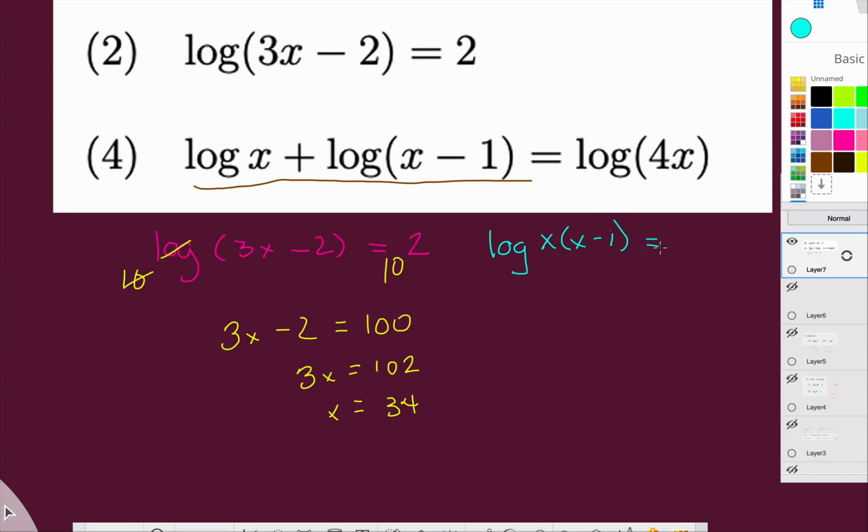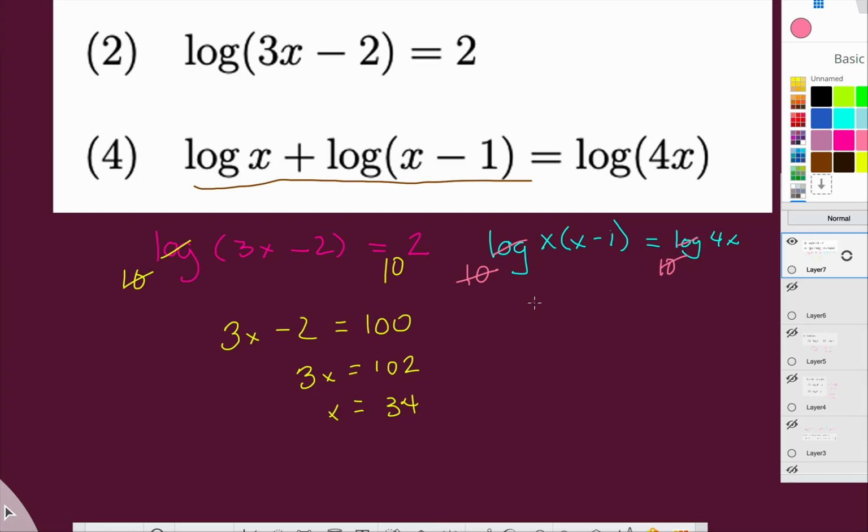And that's going to be equal to common log 4x. And then we raise both of them. Exponentiate, as it were. So that gets rid of that, and that gets rid of that.